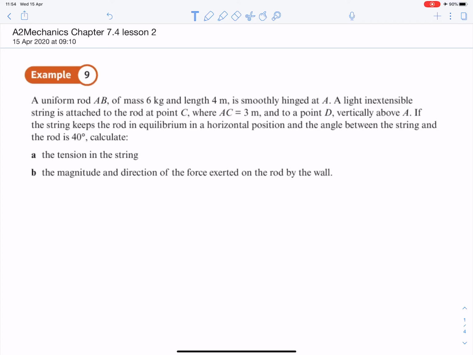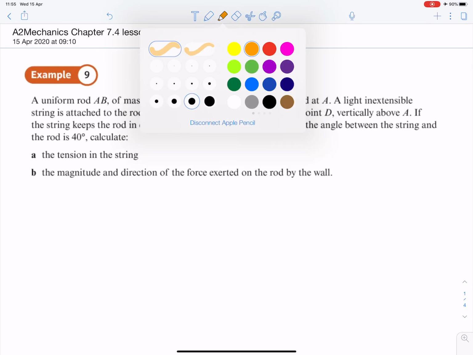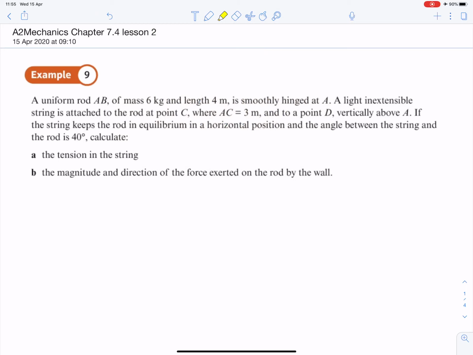A uniform rod AB of mass 6 kilograms and length 4 meters is smoothly hinged at A. If we lift out the key information, we've got 6 kilograms, a uniform rod, smoothly hinged at A, and length 4 meters.